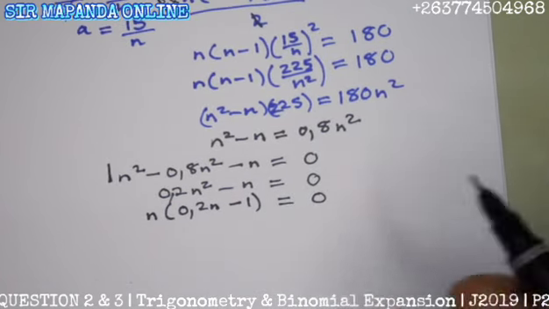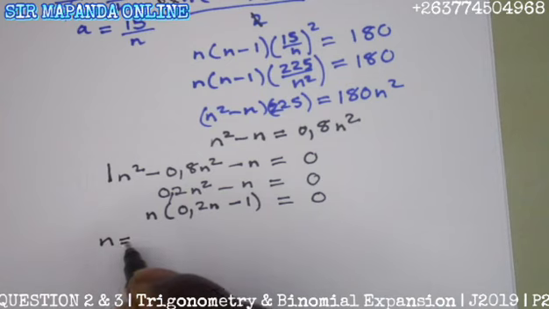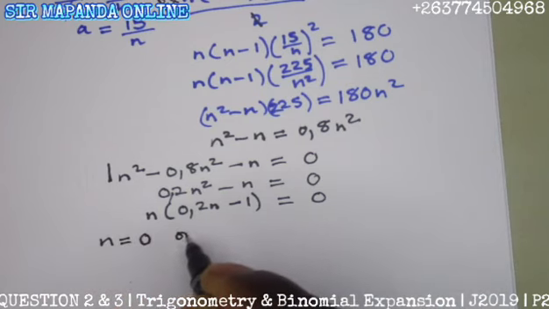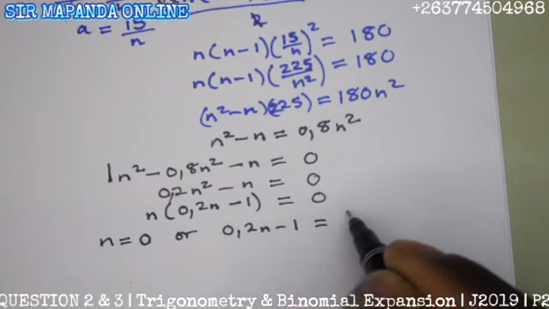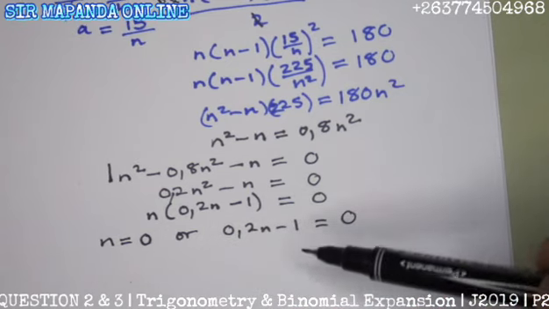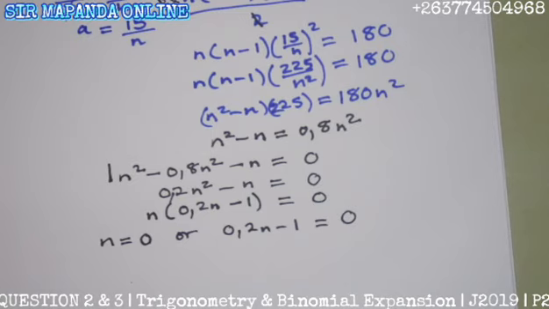I hope you are following. So you are saying either n is equal to 0 or 0.2 n minus 1 is equal to 0. So you are going for this one. Since if the power was 0, we are supposed to get 1 as the answer, right? But since we have several terms, it means the power is not 0.